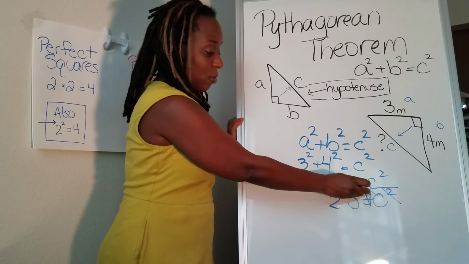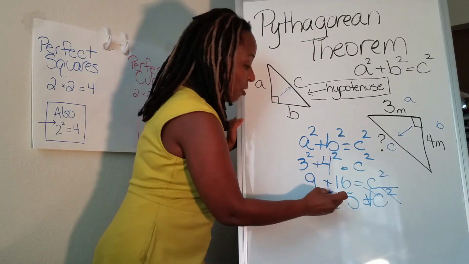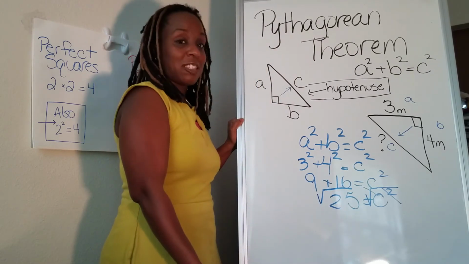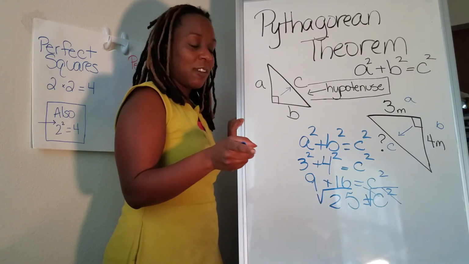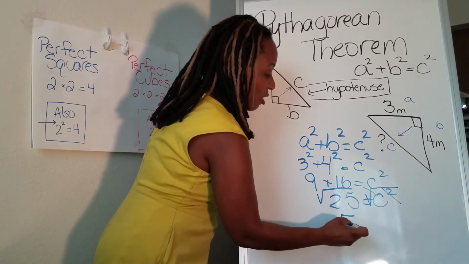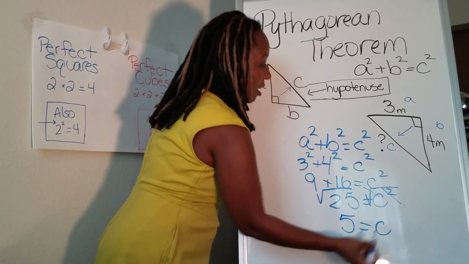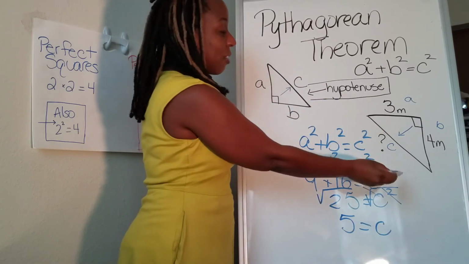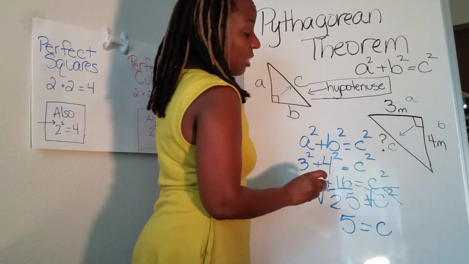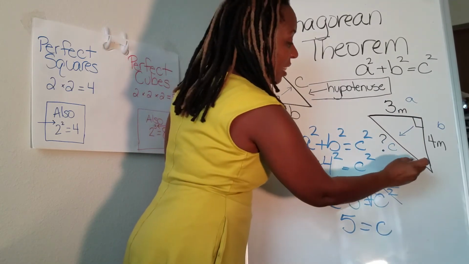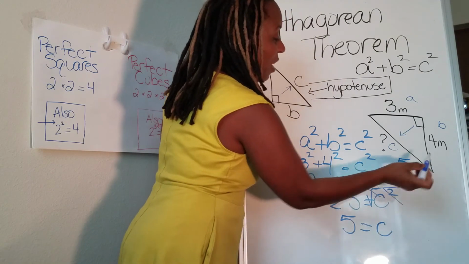If I take the square root of one side, you got to do the same thing to the other side. Take the square root of the other side. What is the square root of 25? It is 5. So 5 equals C. So that means in this triangle, one side length is 3 meters, one side length is 4 meters, and this side that we just figured out is 5 meters.